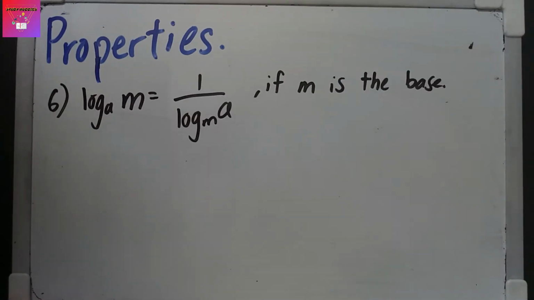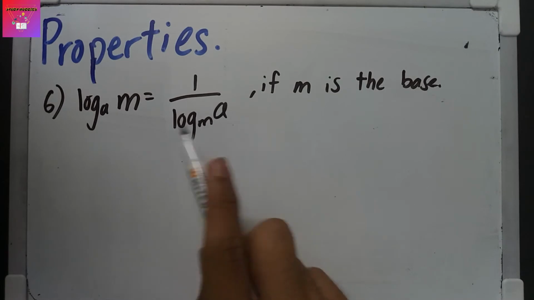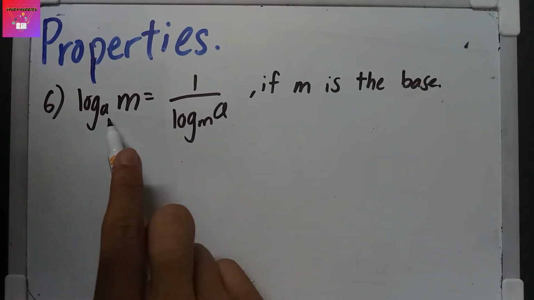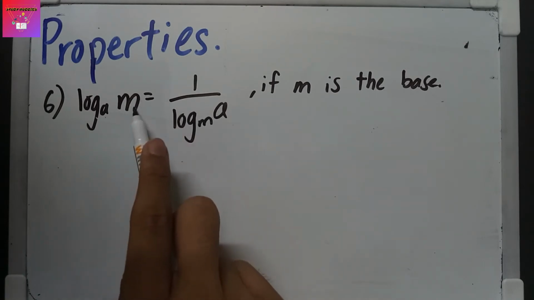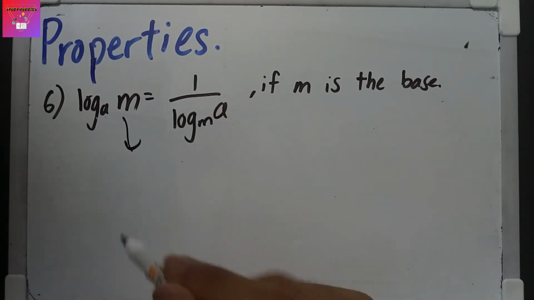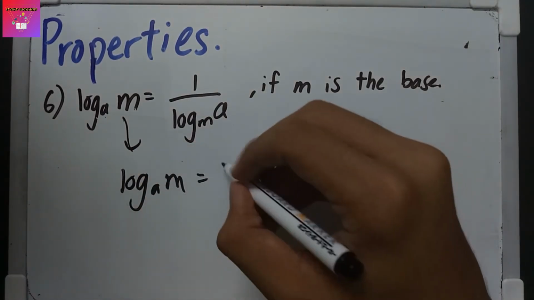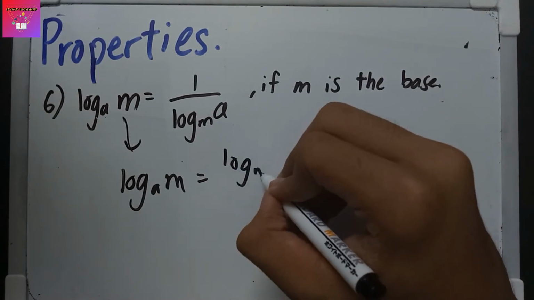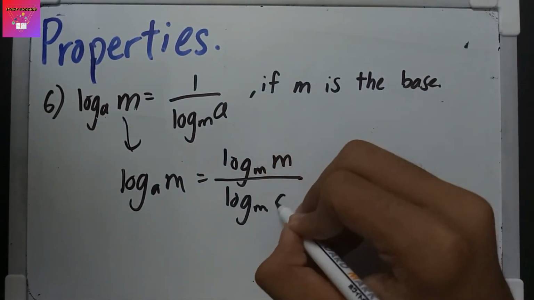Okay, so for this last property, we are going to look over here. If the base which we are going to change, let's say you are going to change the base a to a base which is similar to the number here, it would become 1 over log m a. Why? I'll just show it to you. Let's say log a m, I'm going to change its base to m, so it becomes log m m over log m a.